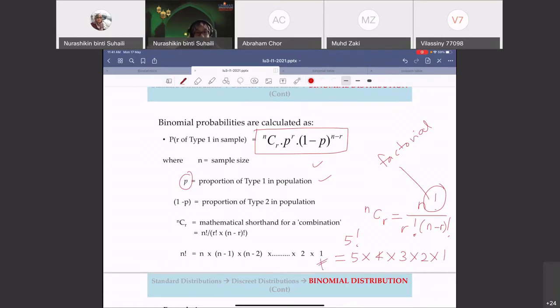For 5 factorial: 5, 5 minus 1 is 4, 5 minus 2 is 3, 5 minus 3 is 2, and so on until you get 1. That's what factorial means. If we have 6 factorial, then you start with 6 until you reach 1.